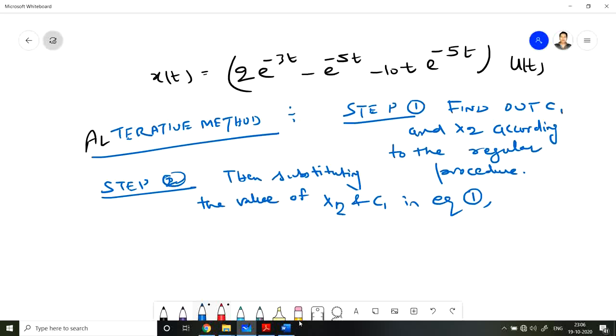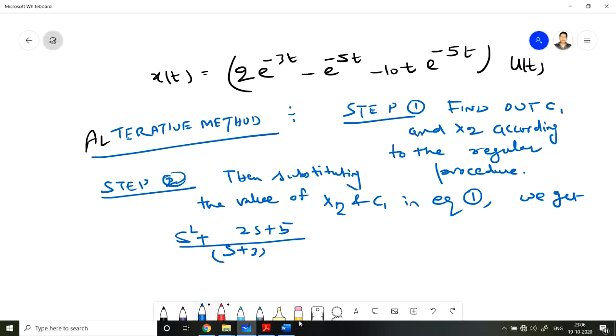What we will get? We get s square plus 2s plus 5 divided by s plus 3.